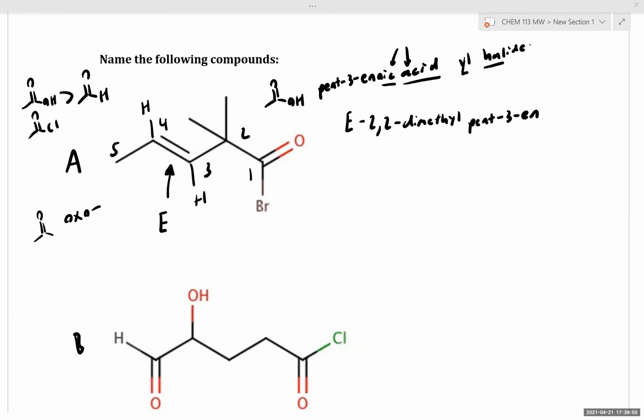Would anyone like to try and complete the name for this compound? Is it acetyl bromide? So you're on the right track, but you don't have to even say acetyl. We just write pentenoic acid, we highlight the IC acid ending, and we just replace it with YL followed by bromide. So it would be pentenoyl bromide.